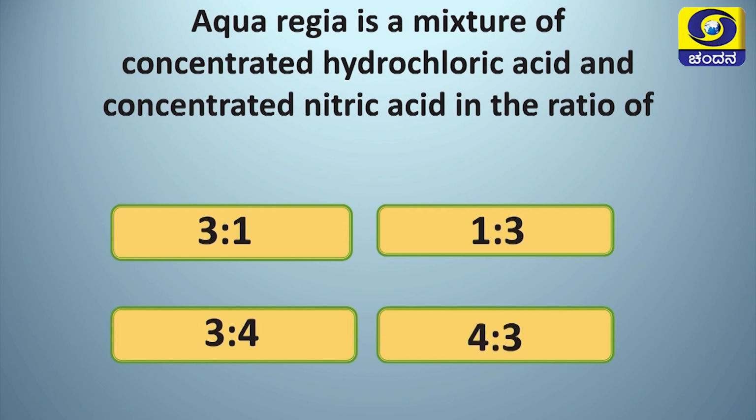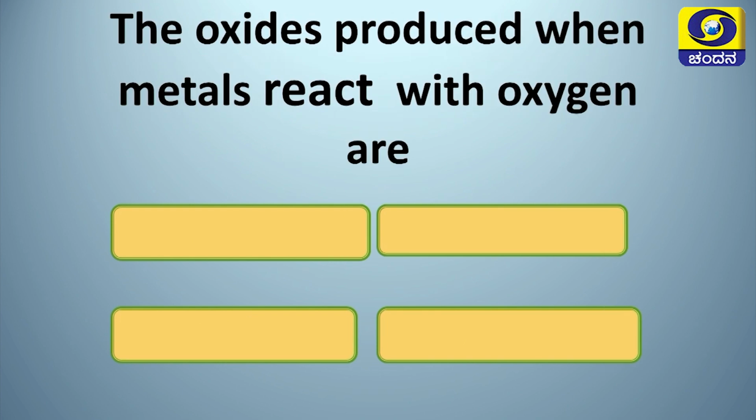What do you think it is? Now let us see which is the correct answer. Yes, it is 3:1, 3 parts concentrated hydrochloric acid and 1 part of concentrated nitric acid is the mixture of aqua regia. Another question for you.